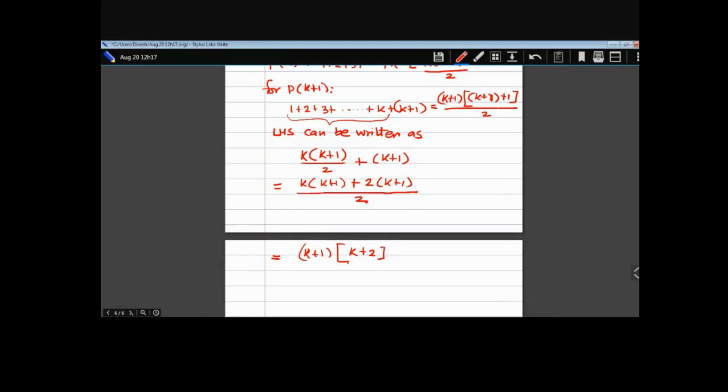Yes or no? k plus 2 divided by 2, which is nothing but k plus 1 into k by 2 plus 1. Is this correct?